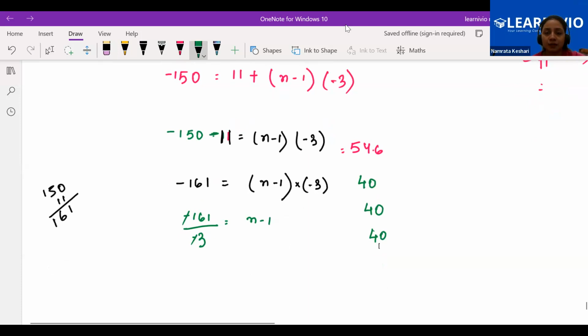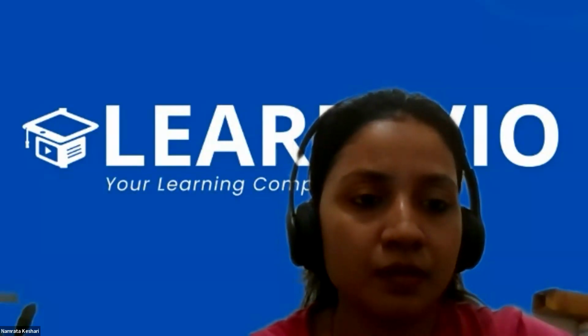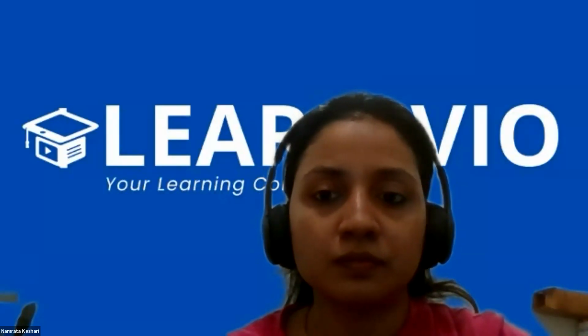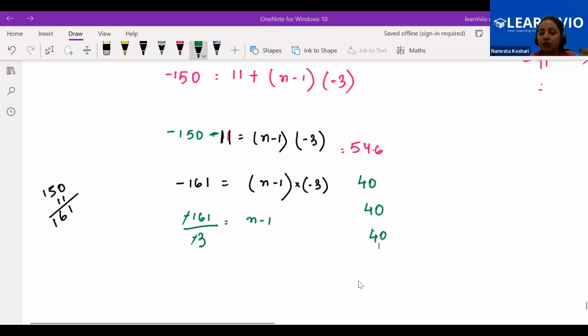161 by 3 we are having. If we divide the number 161 by 3, we will be having 3 5 times 15, then 11, 3 times 9, 2.